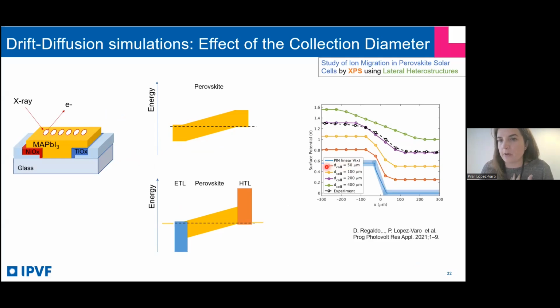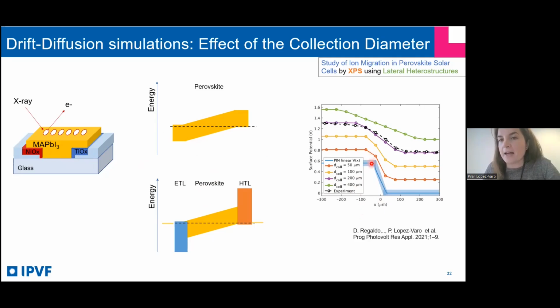And here, for example, we have the surface potential as a function of the position. So this is the finger. I didn't say before, but this is the hole transport layer. Here we have the channel, where we have the potential drop. And here we have the other finger.